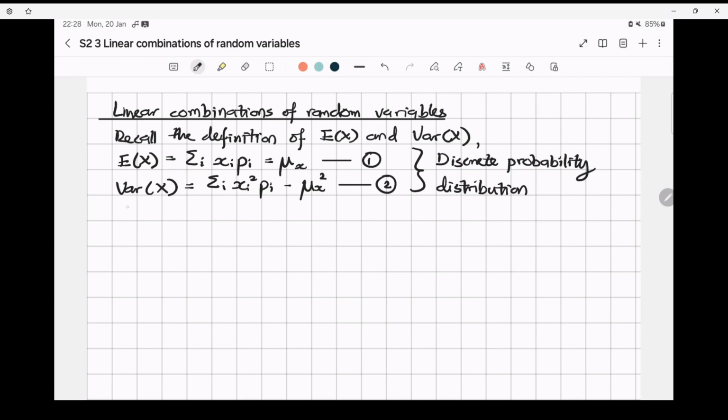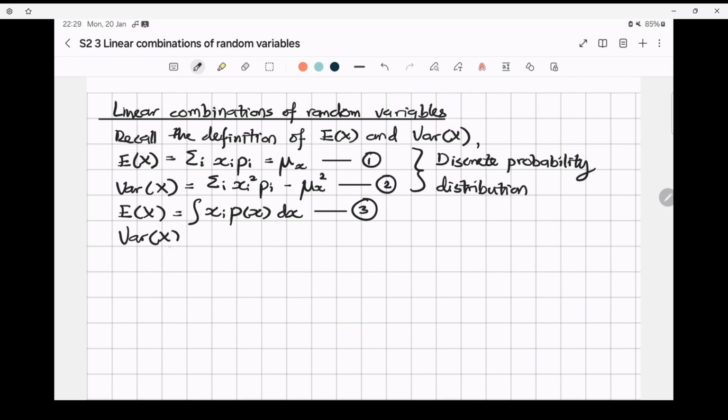Now let's look at the continuous one. For the continuous case, E(X) will be the integral of x f(x) dx. Sorry, in this case it is not p_i, it is a function of x. Let's say this is the third equation.